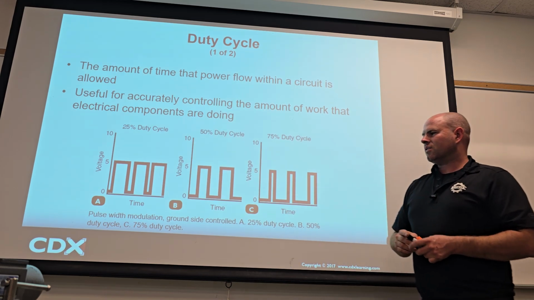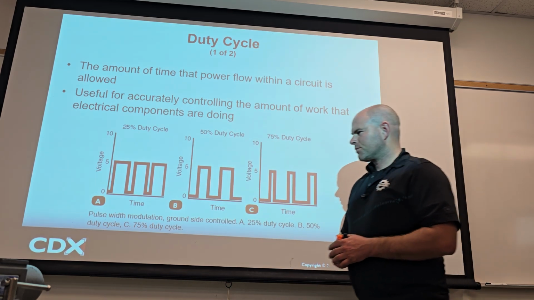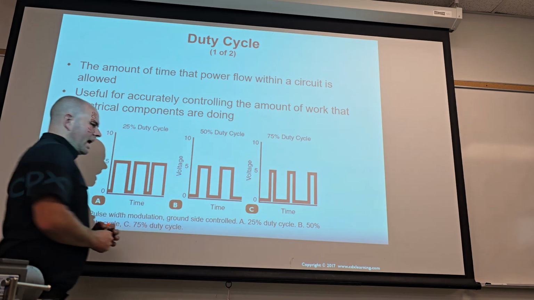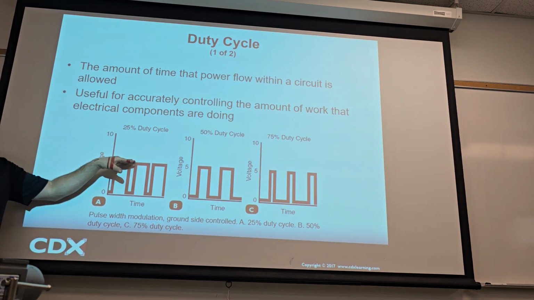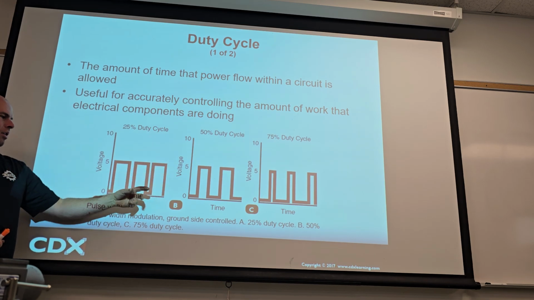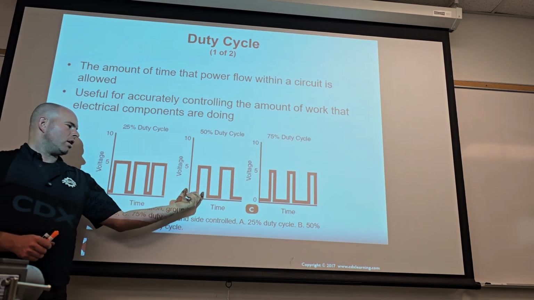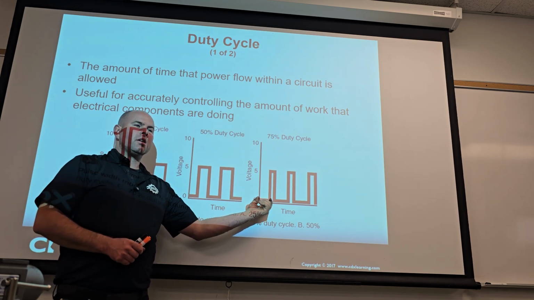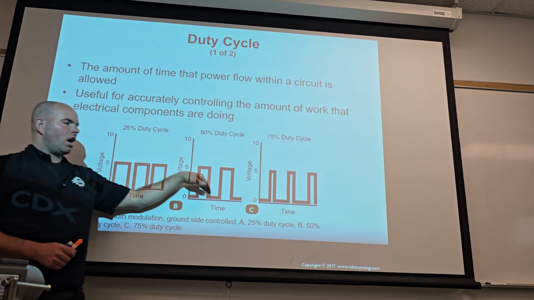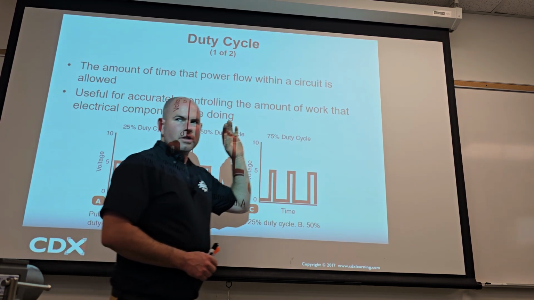But the gist of it is, if we were to look at this and have it be that blower motor, and let's say it's on pretty high, if you wanted to slow it down, all you do is start leaving it off longer. If you wanted to slow it down even more, just leave it off longer. So your on time versus your off time will control the speed.